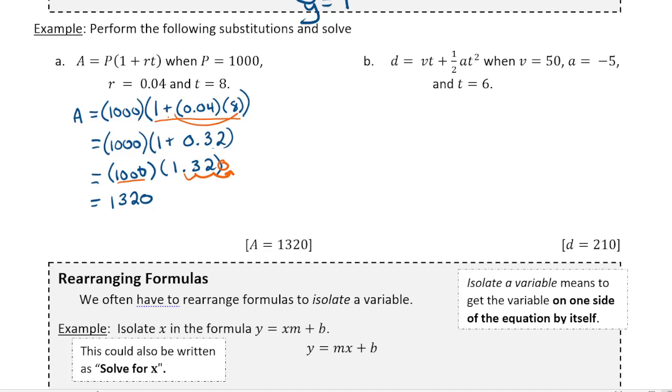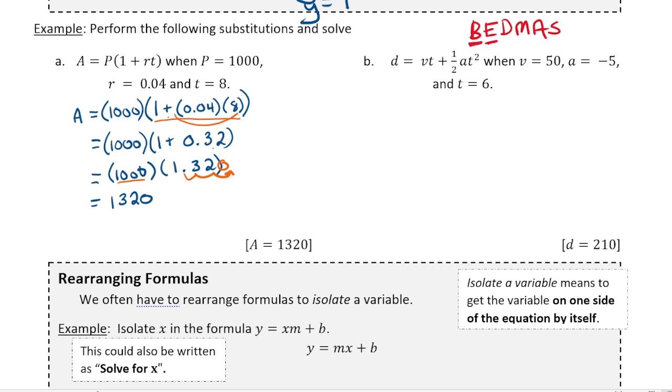D equals VT plus 1/2 AT squared. And remember to use your BEDMAS. When you have a whole bunch of things going on, you have to do them in order. So brackets first, simplify what's in the brackets. It doesn't mean you multiply a bracket by something first, but you have to simplify what's in the brackets as much as you can.